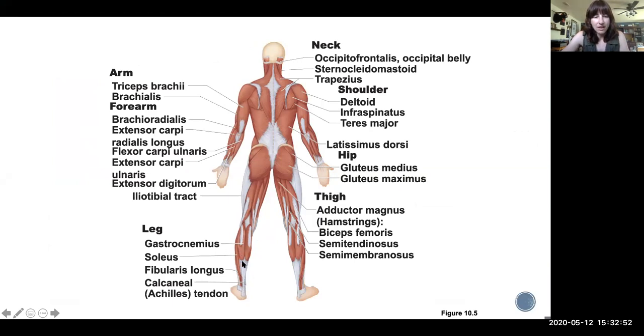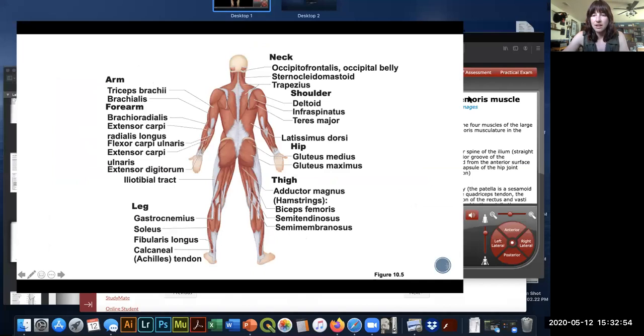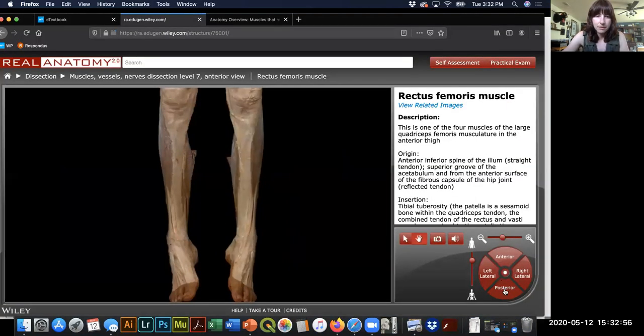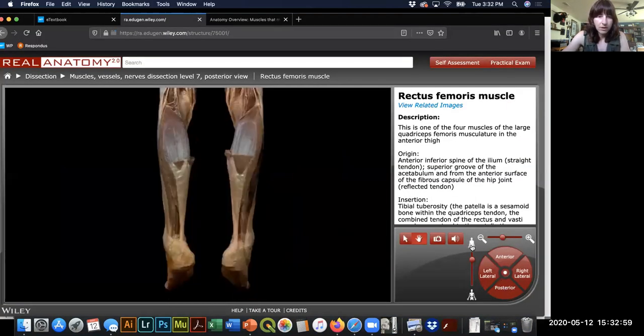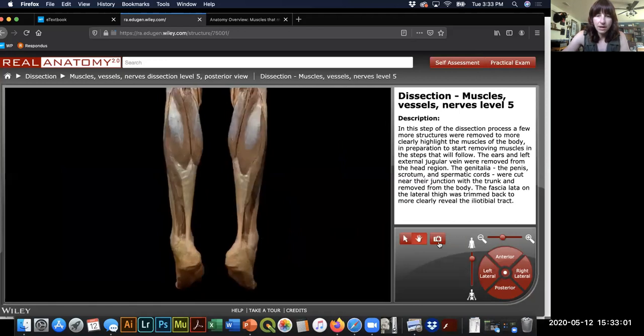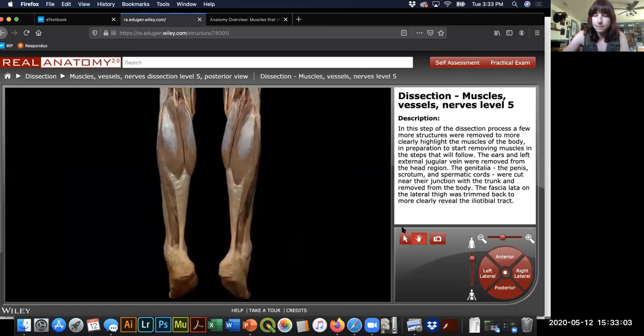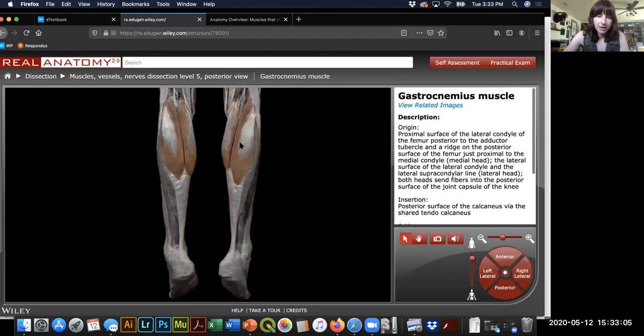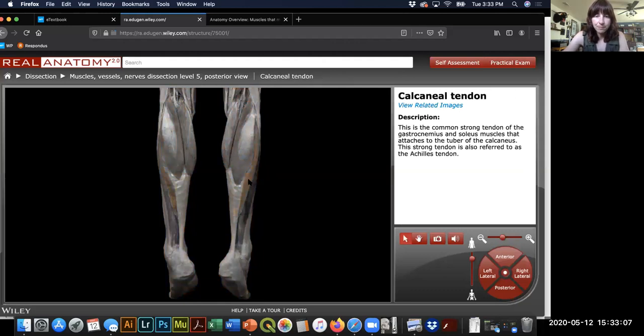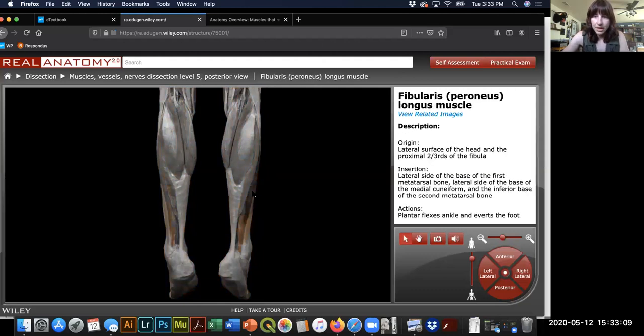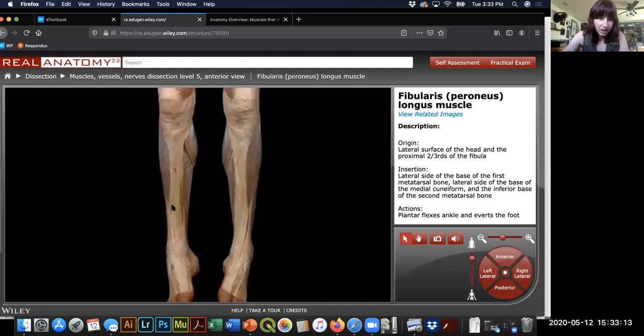And now we can see the calcaneal tendon, okay? Let's get our gastrocnemius back here. Come back here, you. Okay. Gastrocnemius, calcaneal tendon, soleus, fibularis longus, which you can also see.